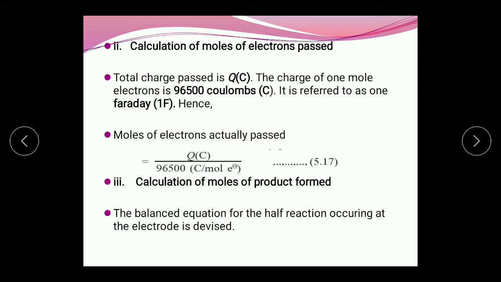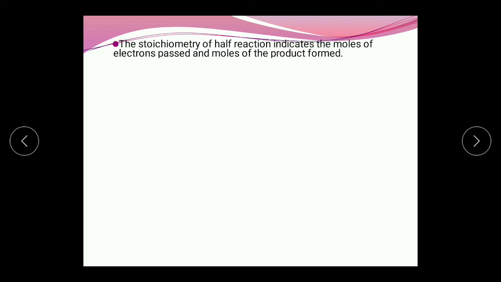That means we have to find out the reaction which actually occurs at the electrode. From that reaction, we can easily calculate the stoichiometry. So the stoichiometry of the half reaction indicates the moles of electrons passed and moles of the product formed. Both things we can get from the stoichiometry of the half reaction.